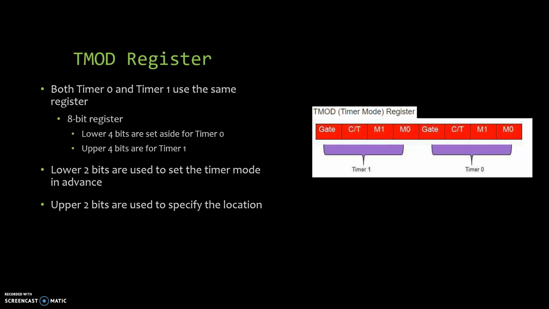In each case, the lower 2 bits are used to set the timer mode, and the upper 2 bits are used to set the timer's gating and counter/timer selection. The picture shows how it's going to look to the programmer or to the hardware. You have the input and then the output.